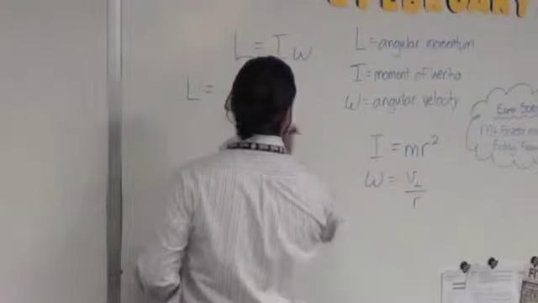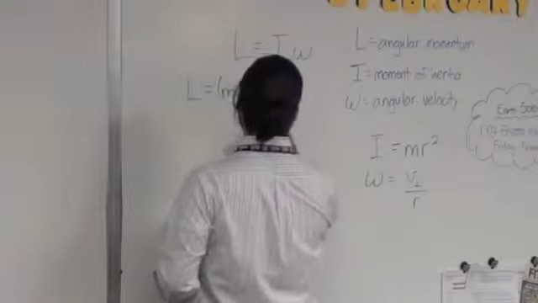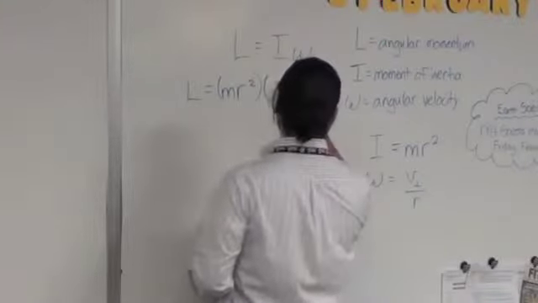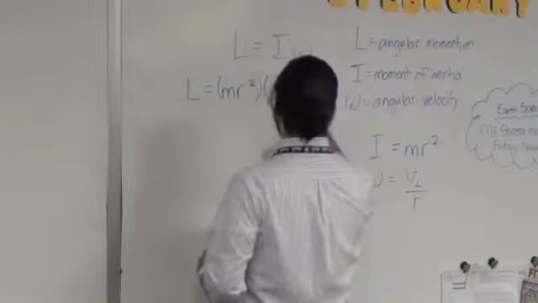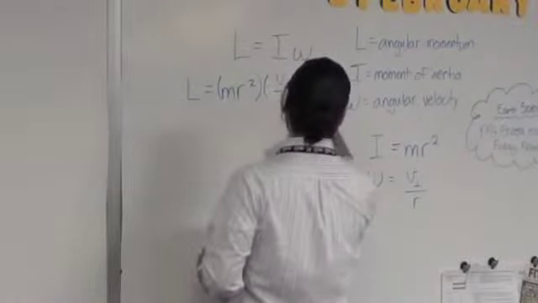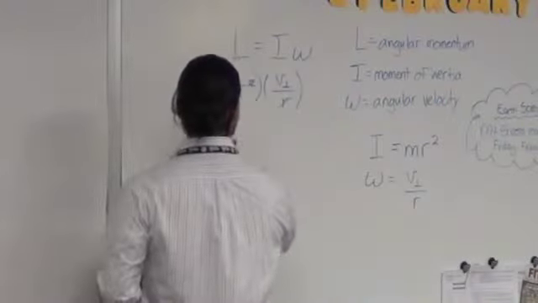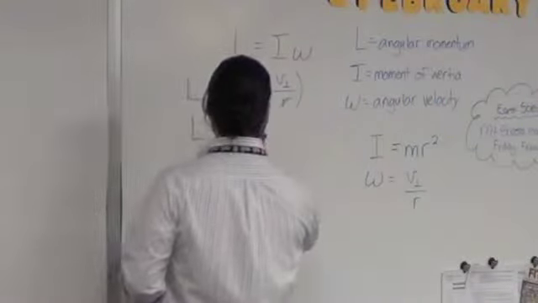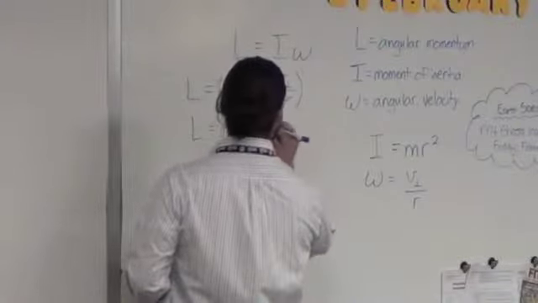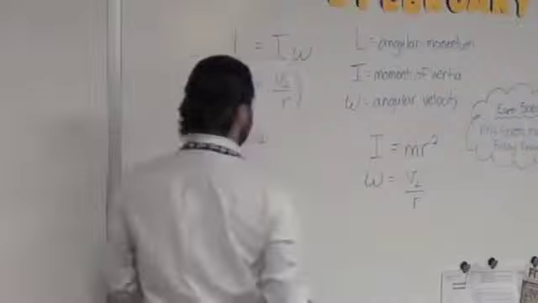Substitute I for mr squared and omega for the tangential velocity divided by r, then this r will cancel with one of these two r's, and you'll get L is equal to m times r times your tangential velocity.